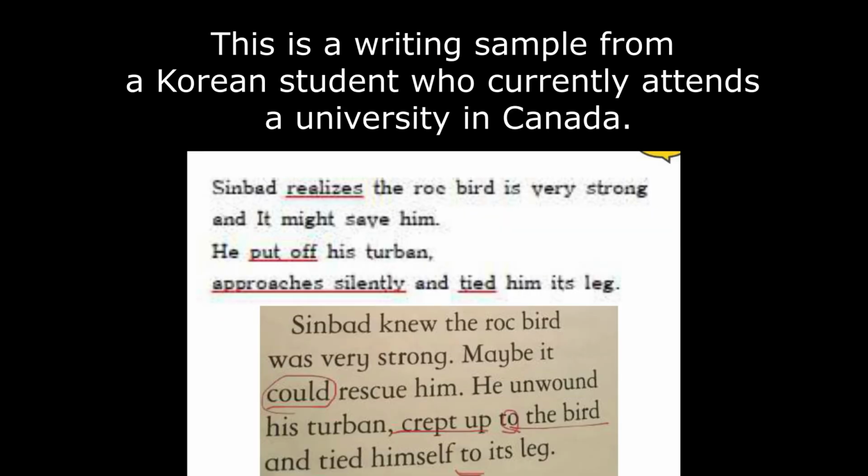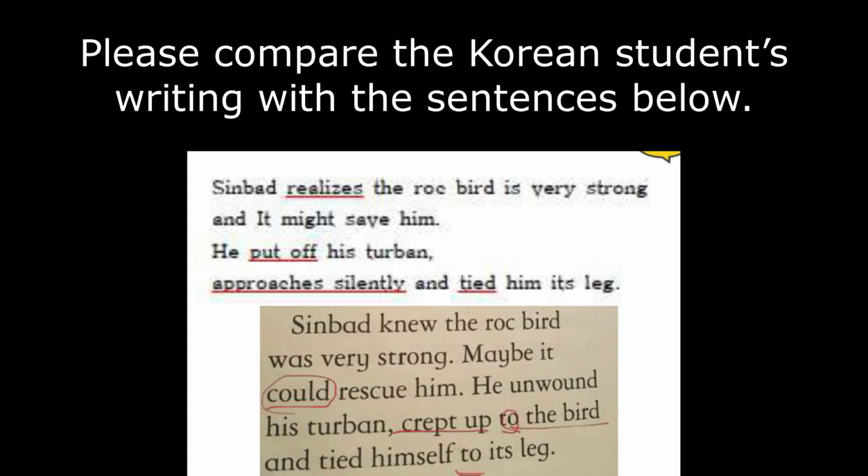This is a writing sample from a Korean student who currently attends a university in Canada. Please compare the Korean student's writing with the sentences below.